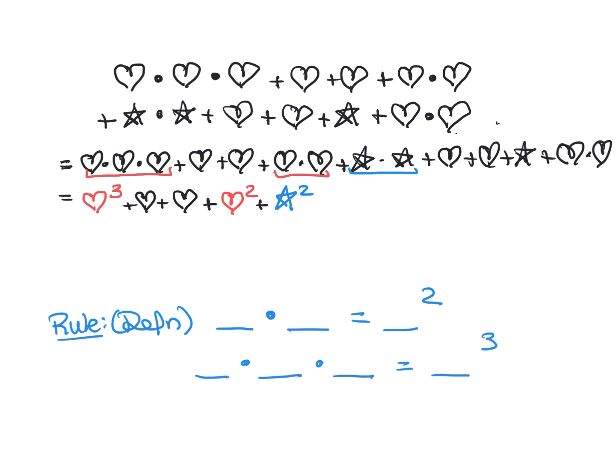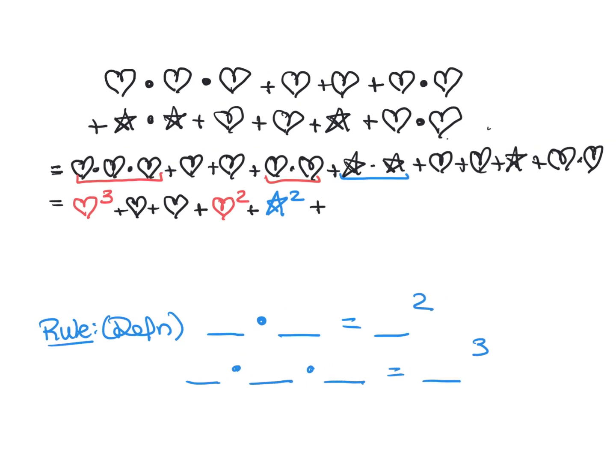Okay, that's what I'm using. Okay, and then I have 2 hearts alone. I have a star alone. And then I have 2 things multiplied together. I know from my rule now that that's going to be a heart squared.